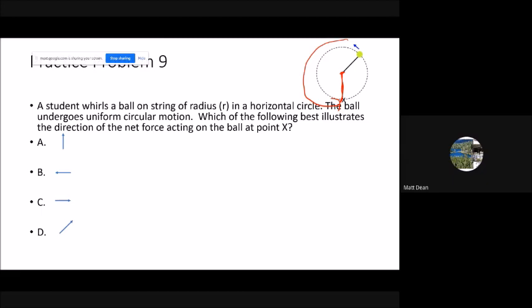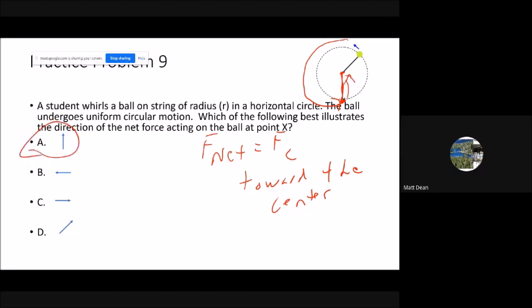Remember that net forces, when we're going in uniform circular motion, are always centripetal forces. And centripetal forces always act straight toward the center. So at point X, the force is going to act directly toward the center of the circle. So we're talking about A being our final answer on that one.